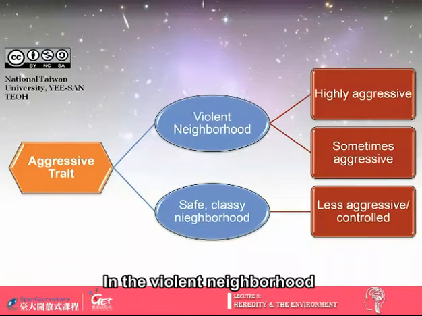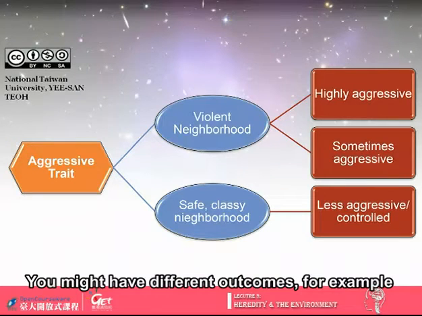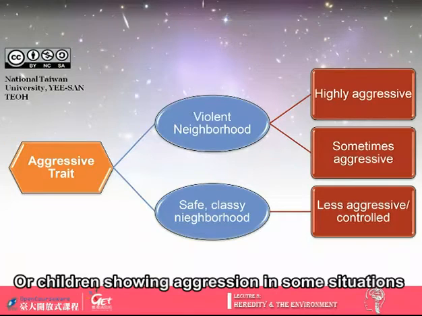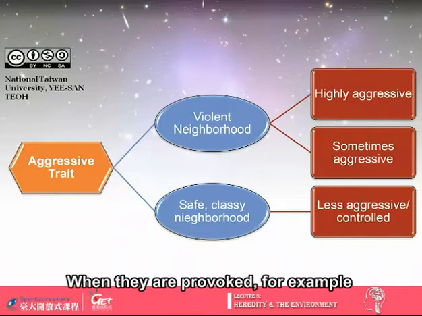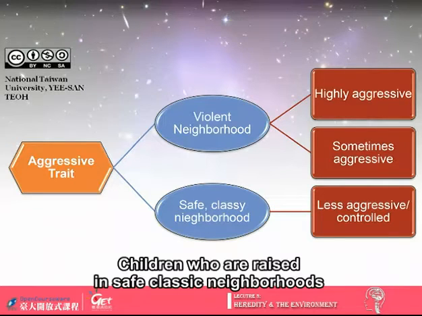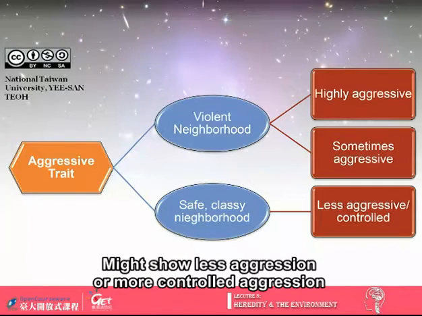In a violent neighborhood, you might have different outcomes. For example, children growing up to be highly aggressive, or children showing aggression in some situations when they are provoked, but when they're at home, they're not aggressive. Children who are raised in safe, classy neighborhoods might show less aggression or more controlled aggression.